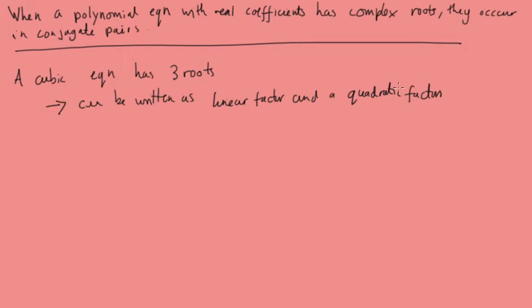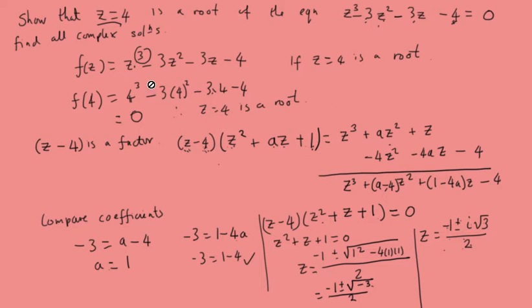Now that's just exactly what we did in our example. So let's look back and see how we did that. So when we came to here, here's our linear factor and here's our quadratic factor. So when you've got a cubic polynomial, you can always write it as the linear and the quadratic factors multiplied together.